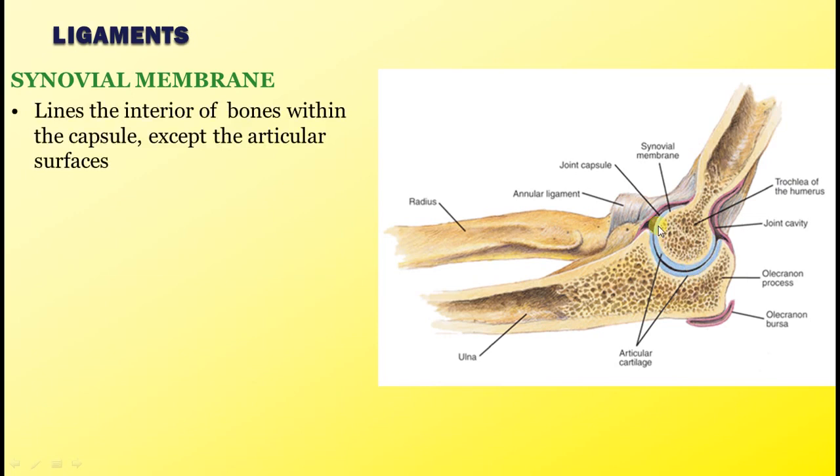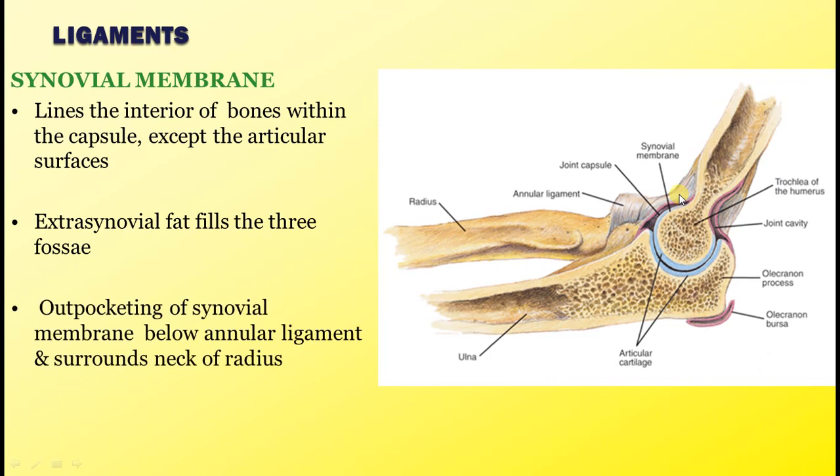Except for the articular surfaces, it lines the interior of the bones and the capsule. Then extra synovial fat fills the three fossae: the olecranon fossa, radial fossa and coronoid fossa. These three fossae are filled with extra synovial fat. There will be outpocketing of the synovial membrane.